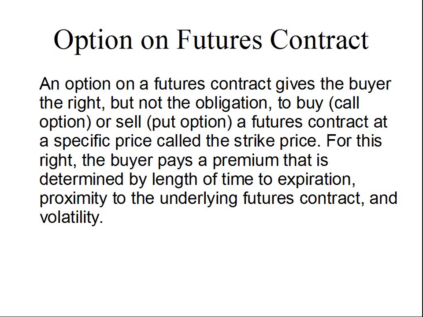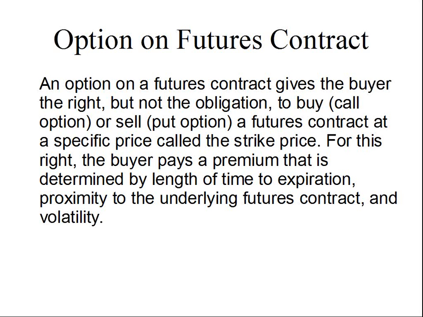An option on a futures contract gives the buyer the right but not the obligation to buy a call option, or sell a put option, a futures contract at a specific price called the strike price. For this right, the buyer pays a premium that is determined by the length of time to expiration, proximity to the underlying futures contract, and volatility.